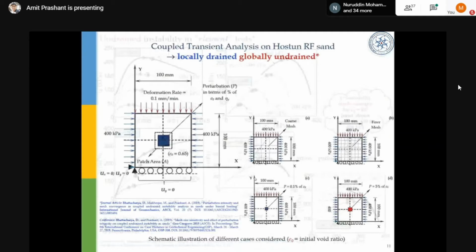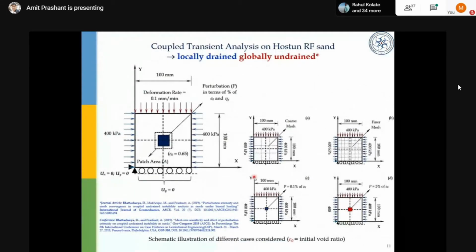We also did some coupled transient analysis, understanding that when we model the fluid flow within the element, we will have a locally drained but globally undrained condition. In that, the triggering of some of the instability modes is possible earlier than what you generally observe in other simulations.